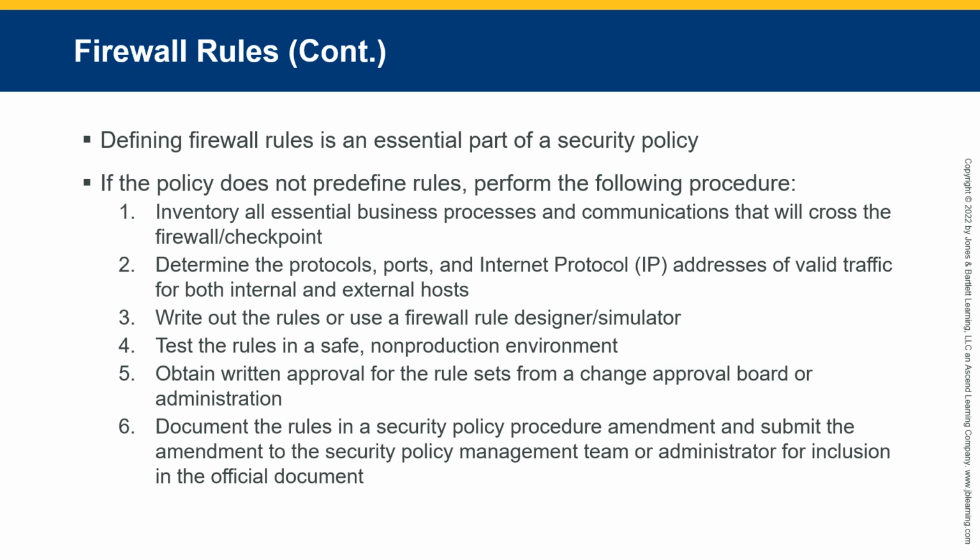Once you have that, it's always good to have written approval for the rule sets from a change control perspective. A lot of times this means you would go to a review where other members, either a peer or senior board review, along with management, review all the configuration changes that are planned, and you would be there to answer questions about potential changes and why they are being done.